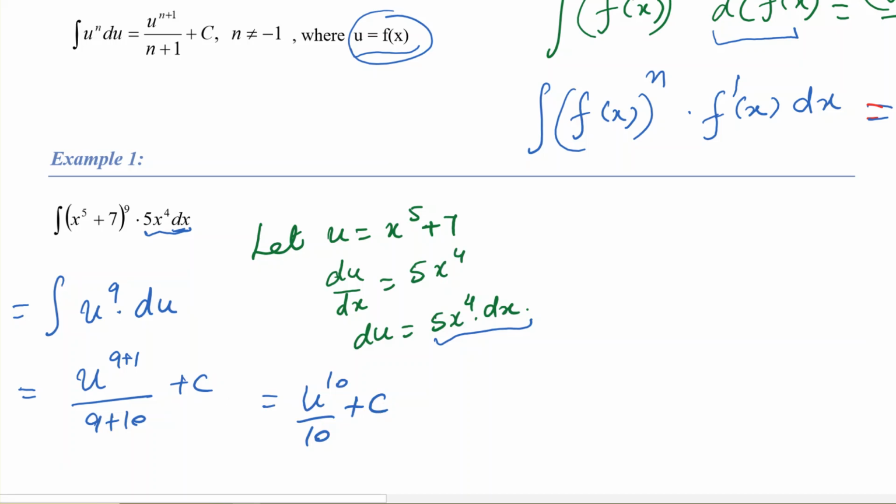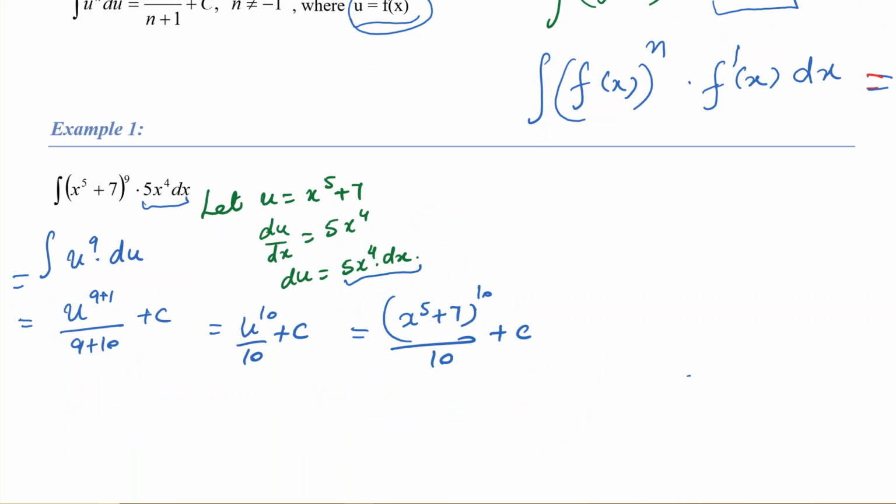But since our original problem was in terms of x, let's plug in the value of u back here. Substituting the value of u, we get (x raised to power 5 plus 7) raised to power 10 over 10 plus c.